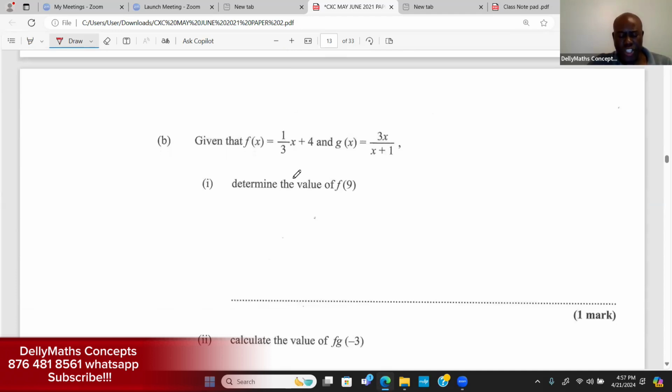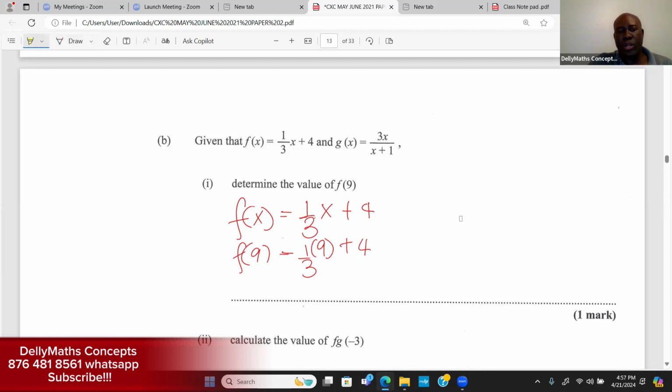All right, so this is a function question. It says, given that f of x is equal to 1/3 x plus 4, and g of x is 3x over x plus 1, determine the value of f of 9. f of 9 is a simple idea: it simply means that you input 9 in the f function, and you can only place it where the x is.